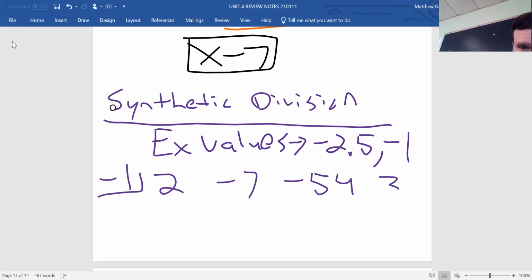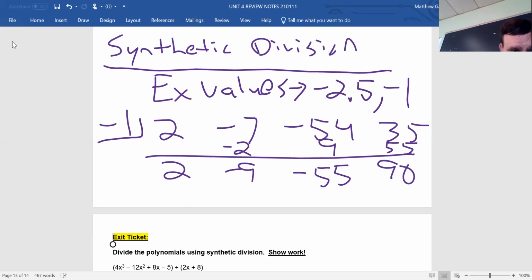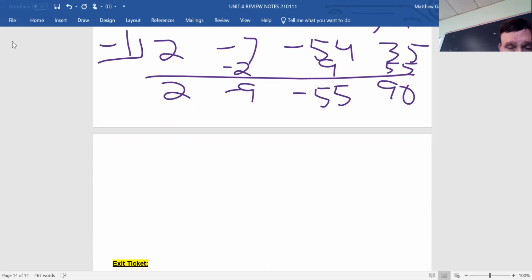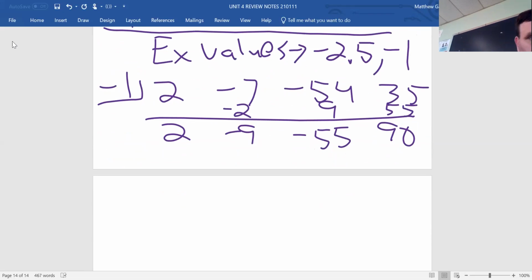I want to do the same thing. 2, negative 2, negative 9, 9. 9 minus 54 is negative 55. And then 55, and that's 90. And we're going to do 2.5, or negative 2.5. Be done with the decimal, believe it or not.